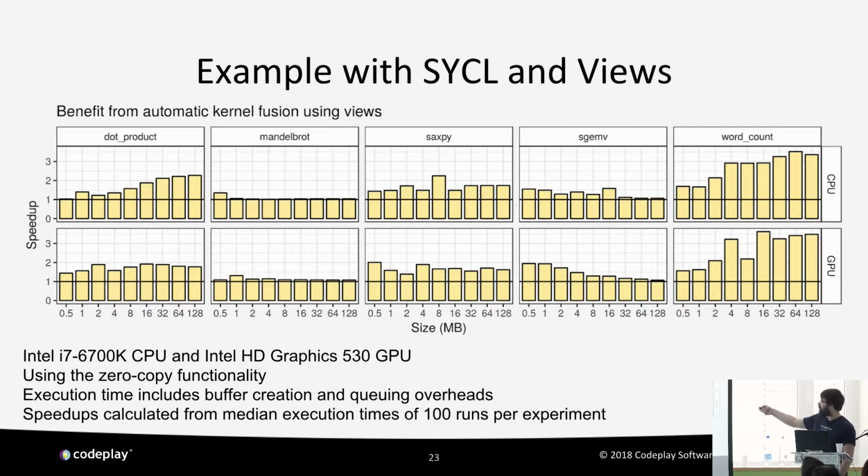And we've done computations on Intel CPU at the top and Intel integrated GPU down the bottom. This is the baseline, so everything is a speedup, which means that higher is better. And we've seen up to 3.5 times the improvement just by using views for kernel fusion. So program composition does make a difference.